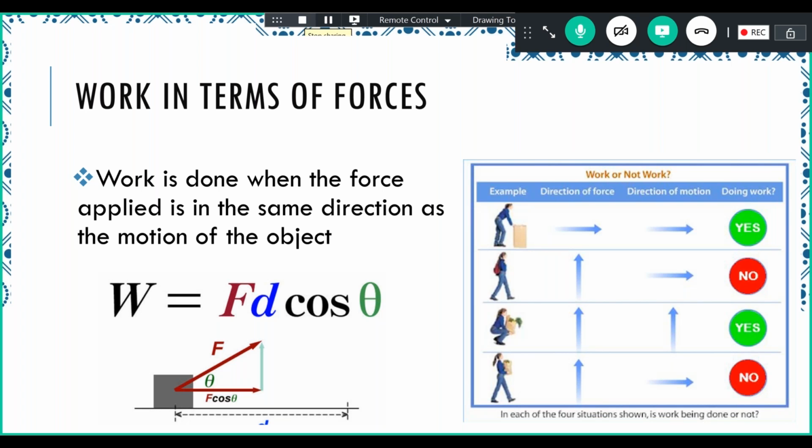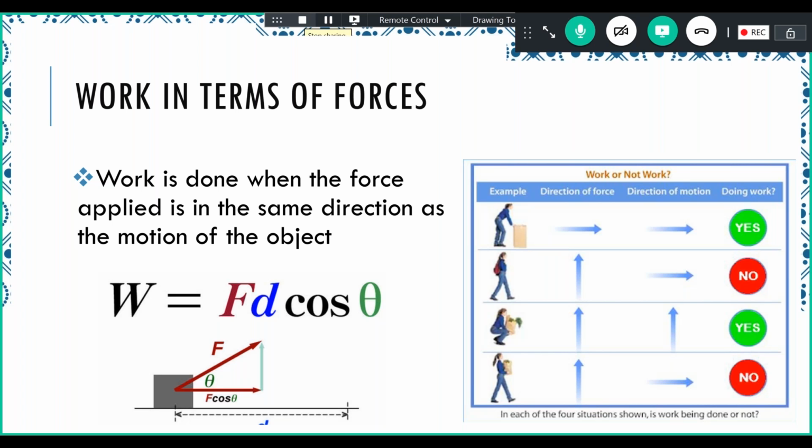But the only part of the force that is actually doing work is the horizontal part, because the box is moving in that horizontal direction. So the vertical component of the force, which would usually be F sine theta, is not doing work. Only F cosine theta is, because the displacement is in the x direction. Therefore, we need to account only for the force in the x direction.